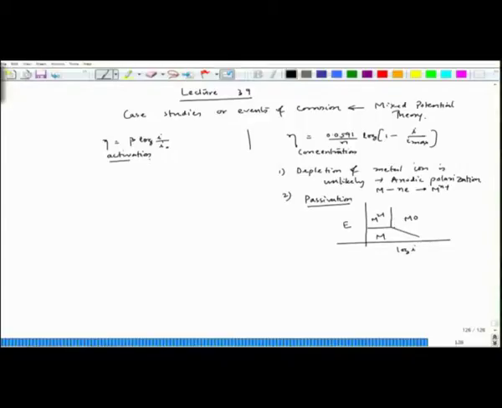This is not a log I axis, this is the pH axis. If I operate at this pH and go upward, that means on the anodic or positive side, eta is positive.